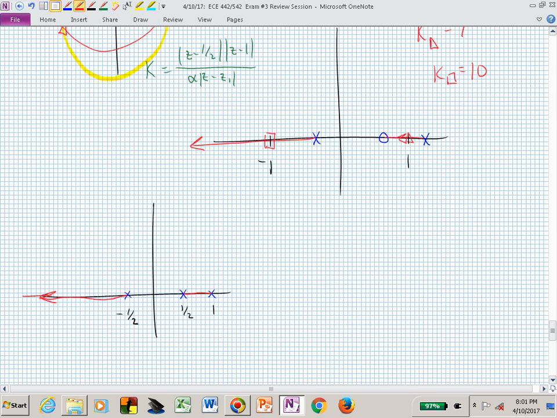How many zeros at infinity do you have? 3. You have a pole zero excess of 3. So in this case, you have 3 branches going off to infinity. And the fundamental angle is 180 divided by that pole zero excess. So you know that one asymptote is actually going off at an angle of 60 degrees.